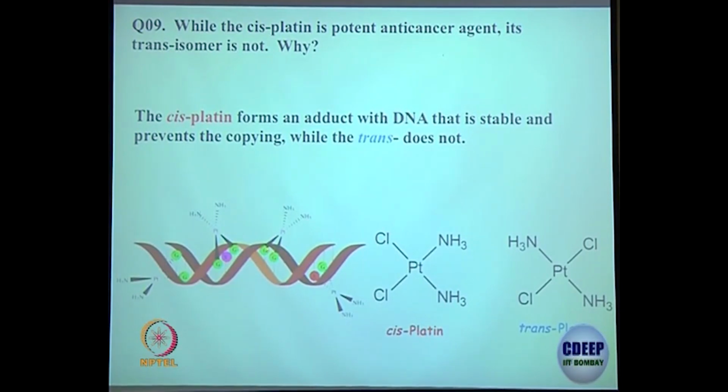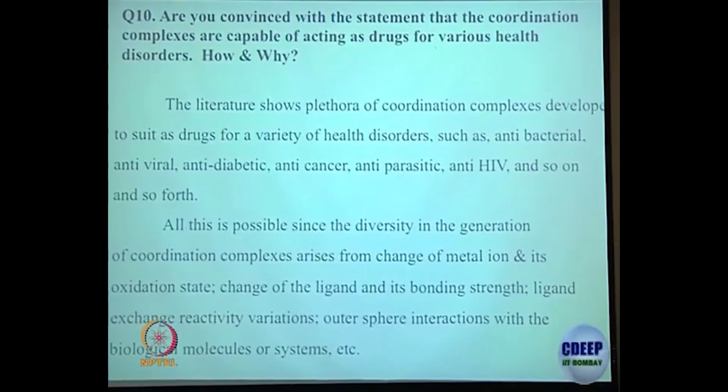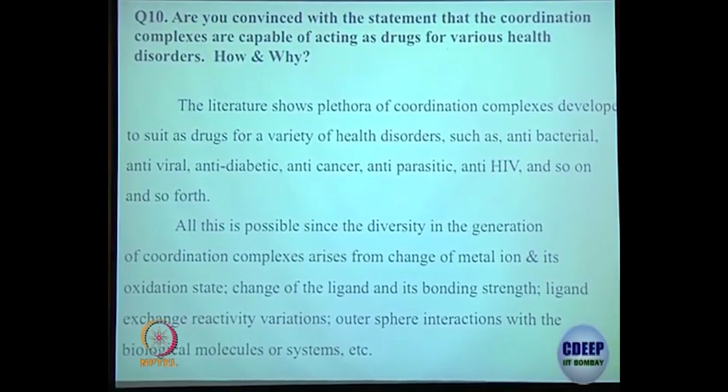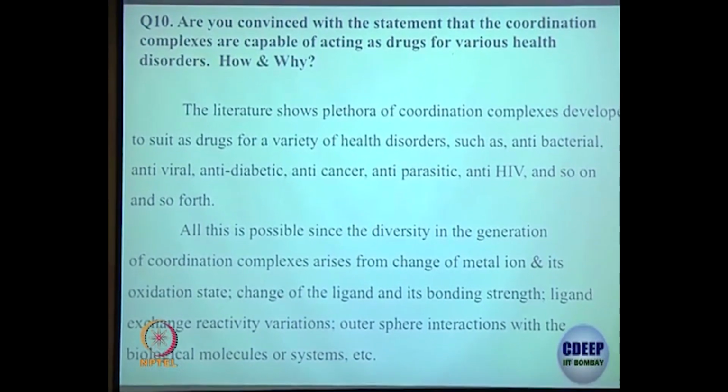So the 2 guanines, for example, are binding. Actually, sorry, here chloride is going out. Okay, all right. Are you convinced? I don't think so. Are you convinced with the statement that coordination complexes are capable of acting as drugs? I think you better be convinced.